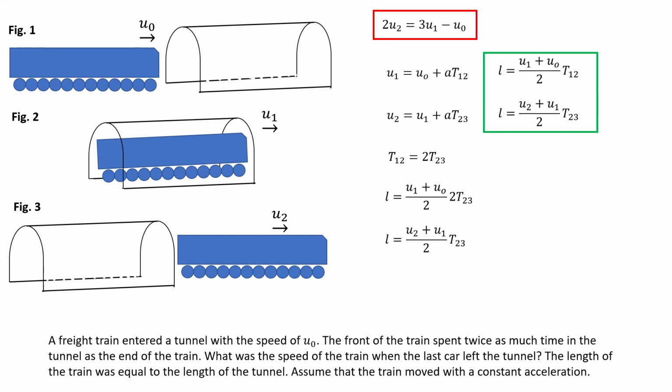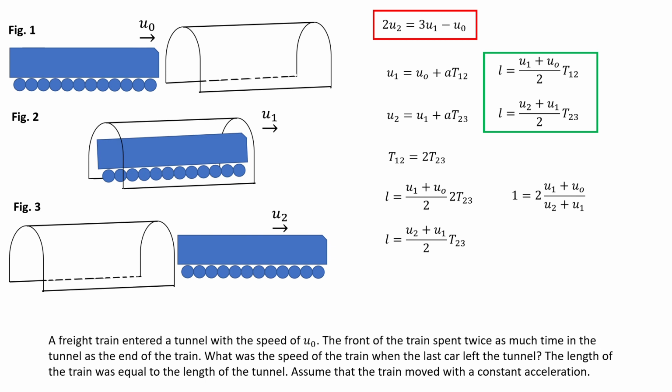And the next thing we're going to do, we're going to divide the top equation. You can take this first equation, this one, and divide it by this equation, the second one. This is what we're going to do. L over L gives us 1. And in the right-hand side, you'll see that T23 cancels out.